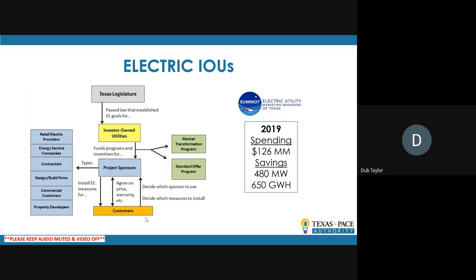Electric investor-owned utilities, their energy efficiency programs are very substantial. And as you can see on the right, in 2019, collectively, there's $126 million in electric utility energy efficiency programs that was spent. The savings those programs delivered, 480 megawatts and 650 gigawatt hours, very substantial.